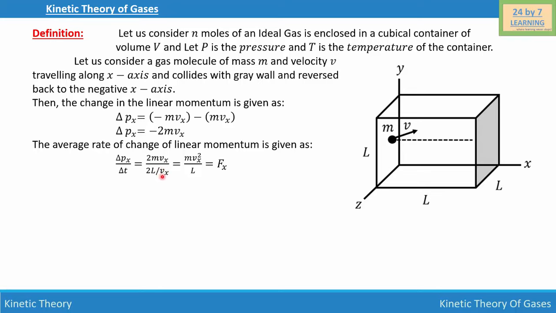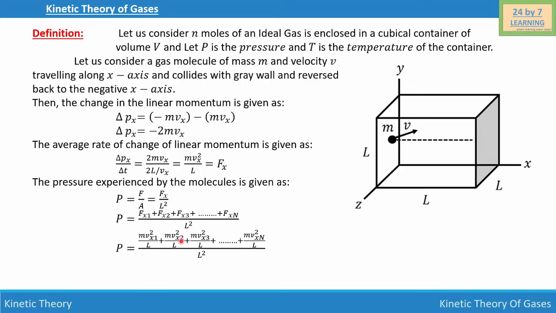If we simplify further, we write the force Fx as mvx square over L. For the first particle it is mvx1 square over L, and likewise for the second molecule, the third molecule, and the nth molecule.